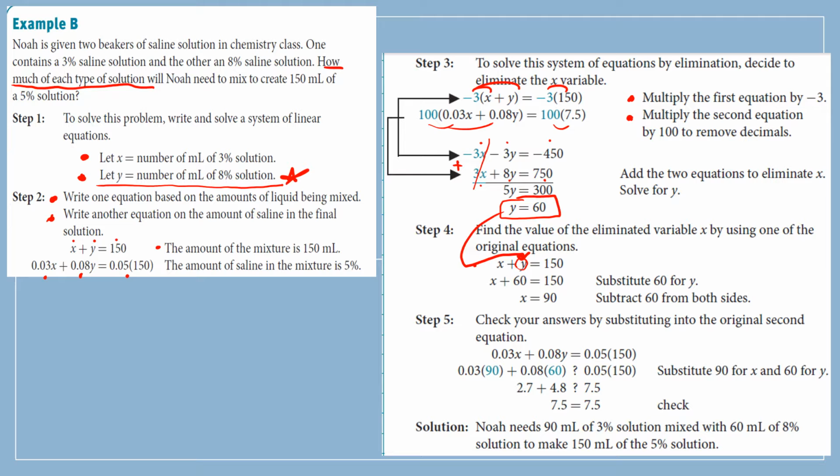And so x must equal 90. So what we found out is that we need 90 milliliters of the 3% solution, because that was x, and 60 milliliters of the 8% solution, because that was y. And if you plug it in to either of the original equations, you're going to get a true statement.